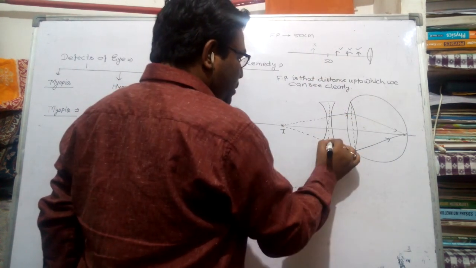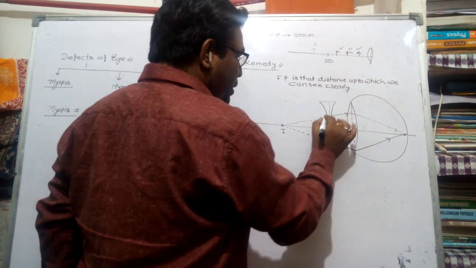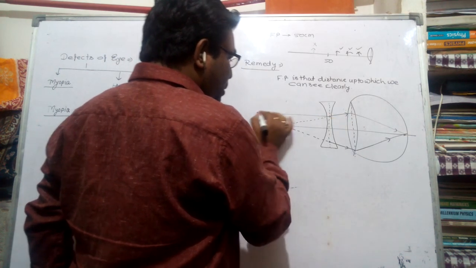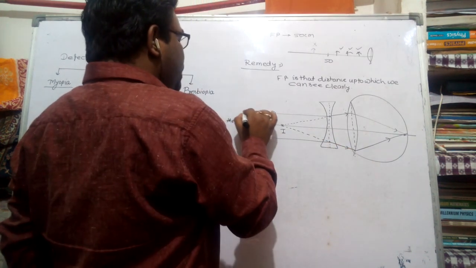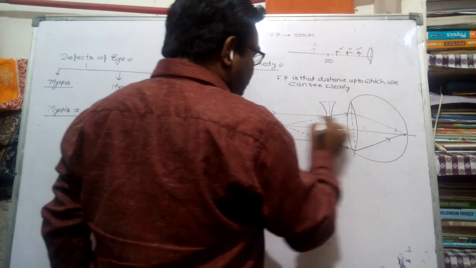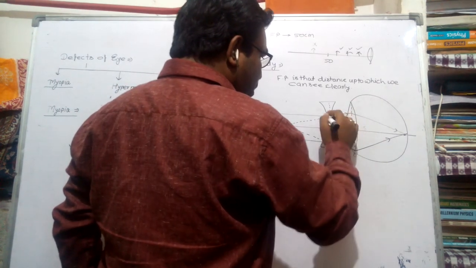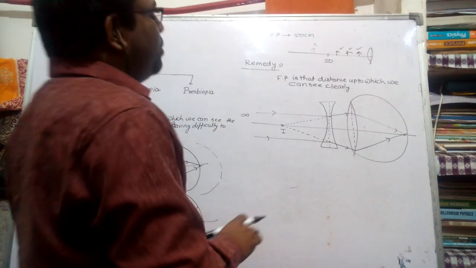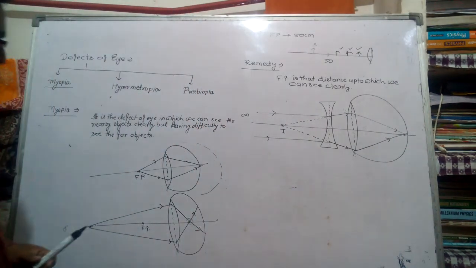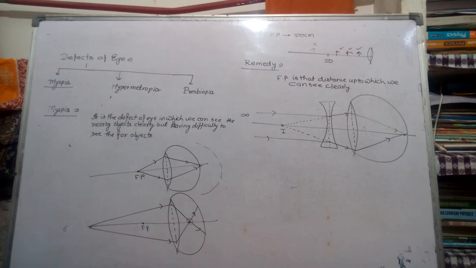And from this point and this point, make a ray parallel. It means light is coming from infinity and after refraction it will pass through this one. So here is the image formed. So I hope beta the complete procedure of myopia is clear to everyone.